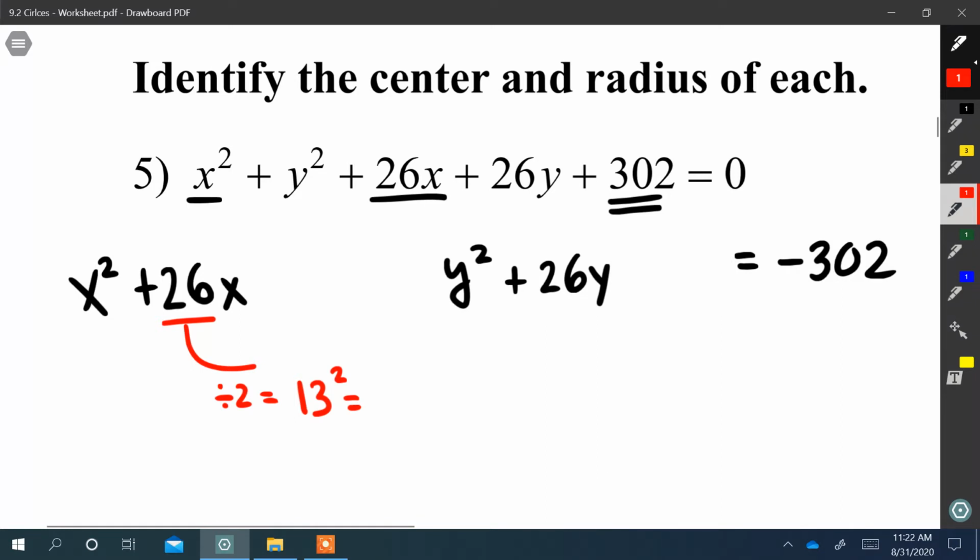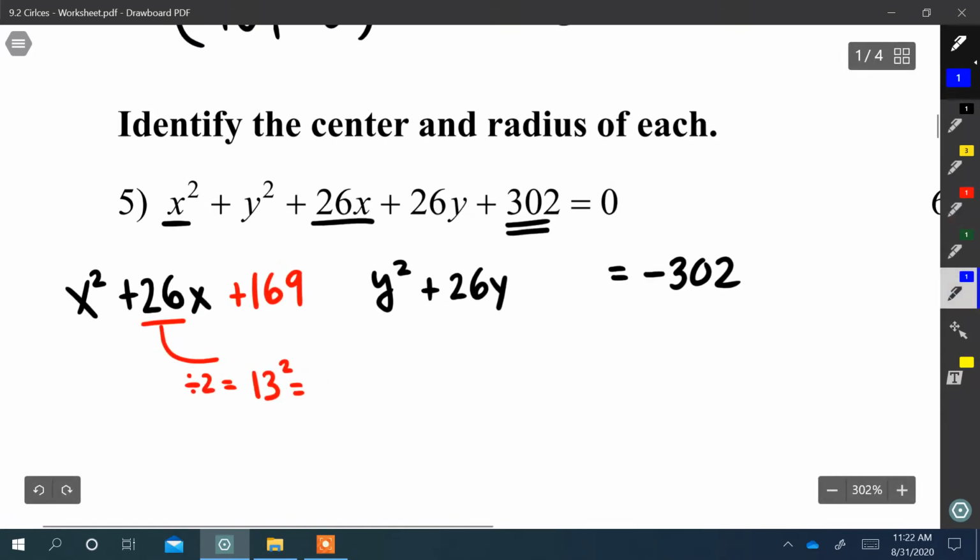Yeah, 169. And that's what I'm going to be adding right here. You're going to see why in a second. But if I add 169 to one side, I better add it to the other side as well. I'm going to do the same for the y's as well.